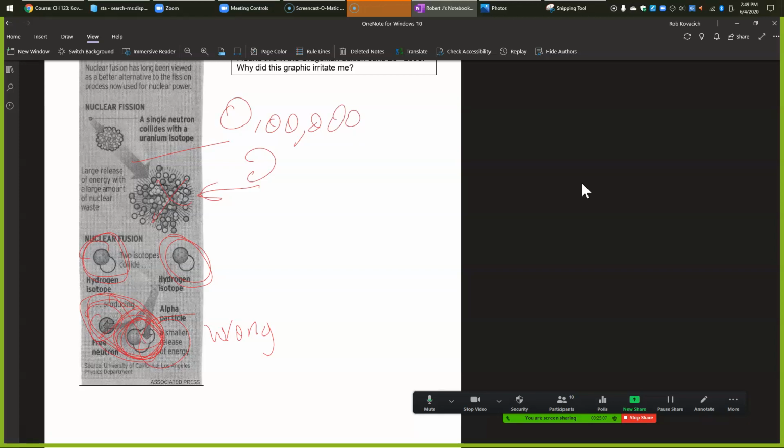So, being irritated with this, I looked up the phone number for the University of California, Los Angeles Physics Department. So, what's the abbreviation for University of California, Los Angeles? UCLA.